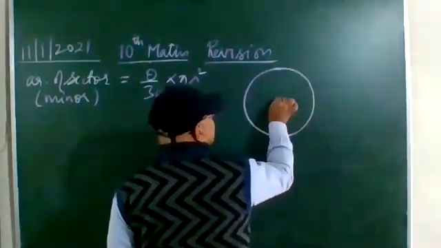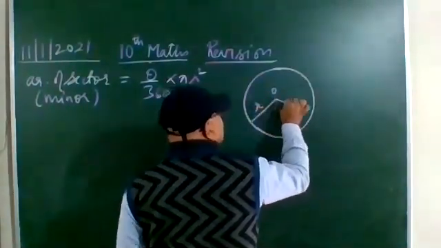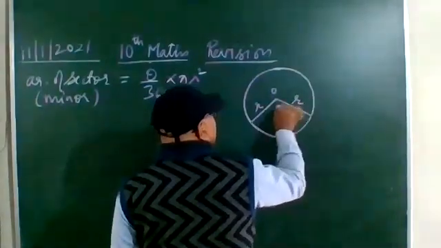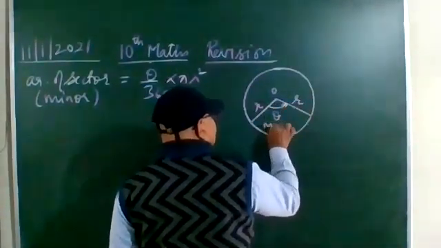This is center O, this is radius, this is radius, this is theta. This is the minor sector.